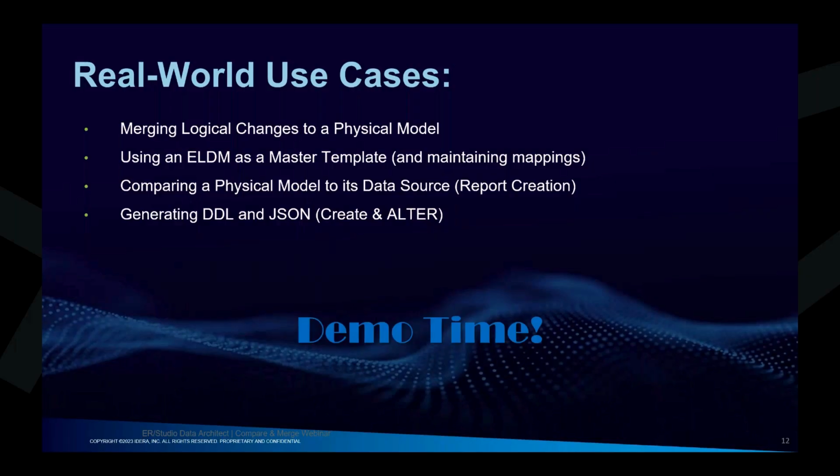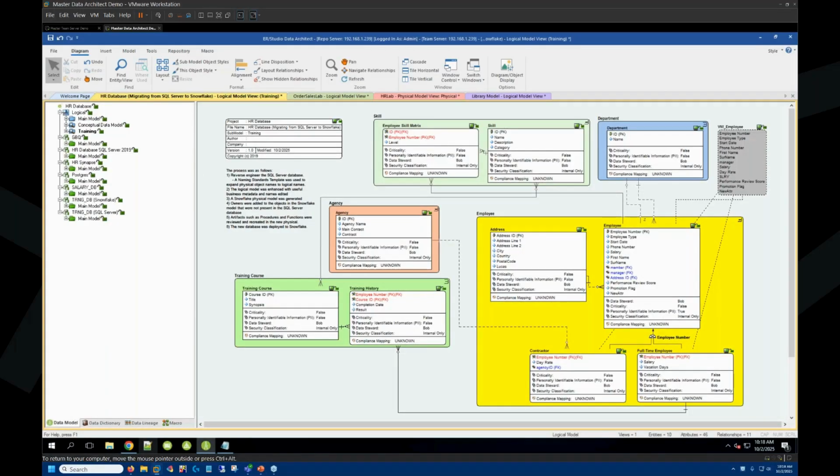So let's jump into my VM. The very first use case I wanted to talk about, just to refresh our memories, I probably should have put in a little pop-up window we could refer to. But the very first one I wanted to cover here was merging logical changes to a physical model.